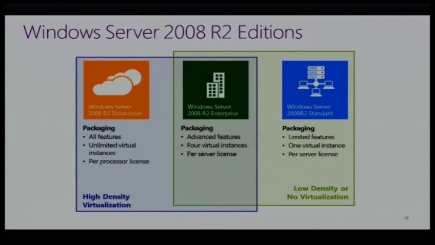Data Center offered a per-processor licensing model with all available features and unlimited virtualization, while Enterprise Edition was available as a server license that permitted up to 4 virtual instances and offered some advanced features. Standard Edition was available as a server license and had limited features and provided for 1 virtual instance.